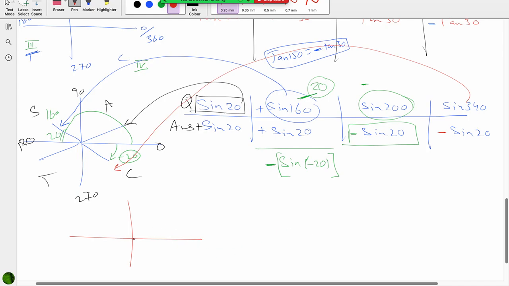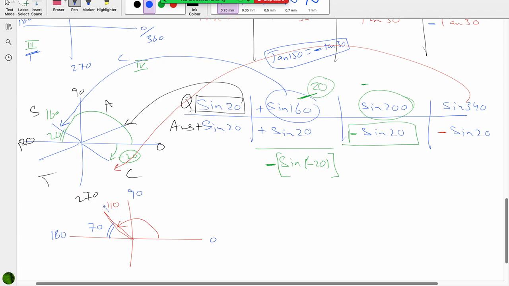Let me say this is 110. What will be the basic angle? If it is 110, what would be the basic angle? That is 70.